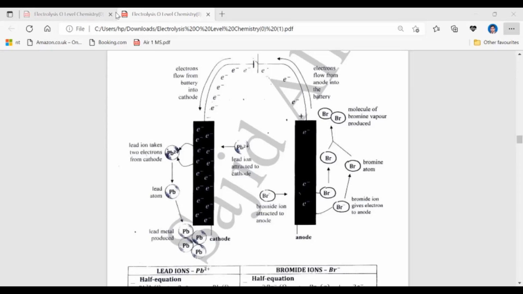Now I'm going to share the whiteboard with you, where I will make the diagram. So first of all, you should know this is the formula of lead(II) bromide.